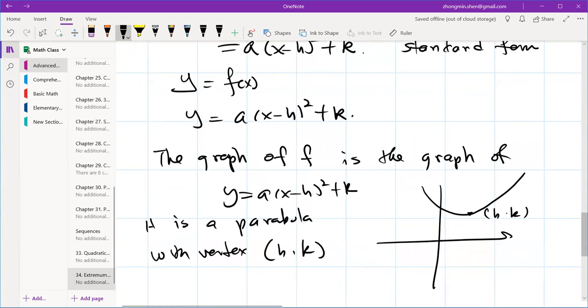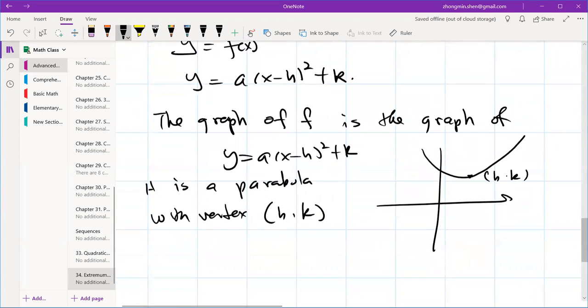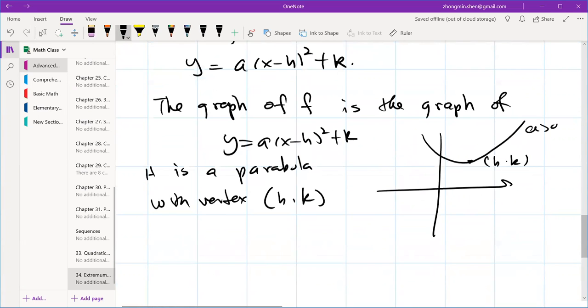It depends on the sign of a, okay? If a is positive, it opens upward. If the sign is negative, it opens downward, okay? So then you can see when the function has a maximum value and a minimum value. So that's a summary of the whole theory, okay?